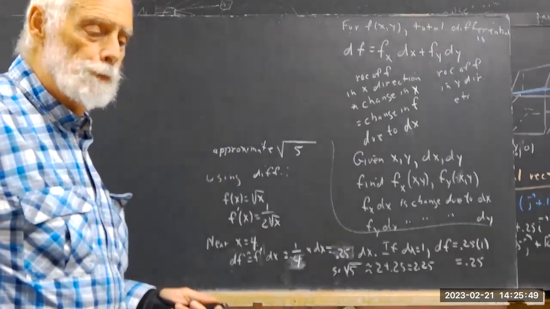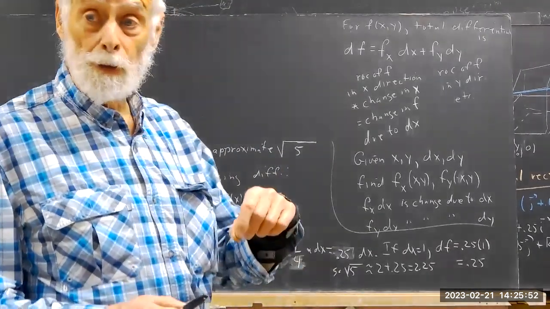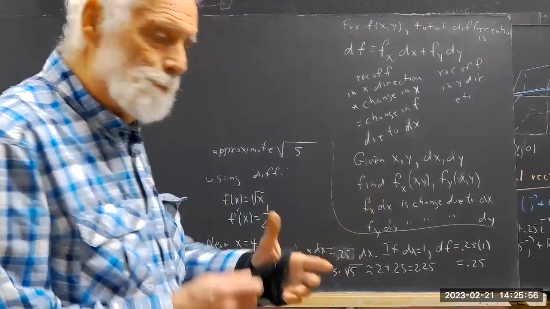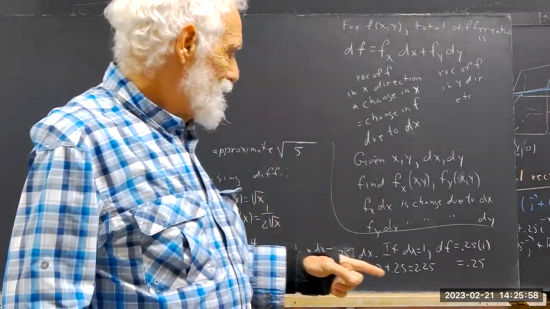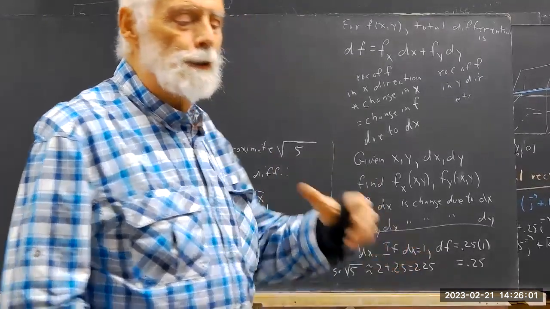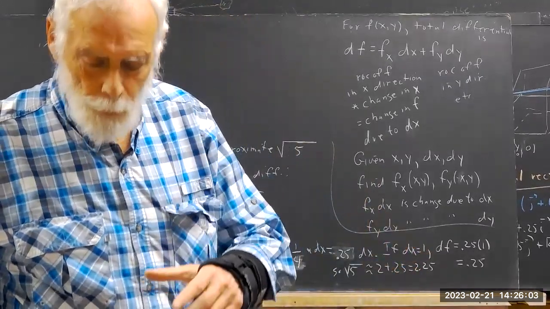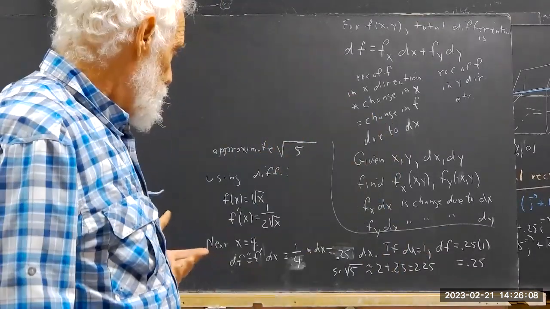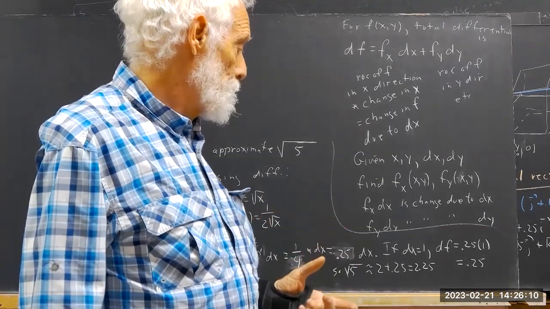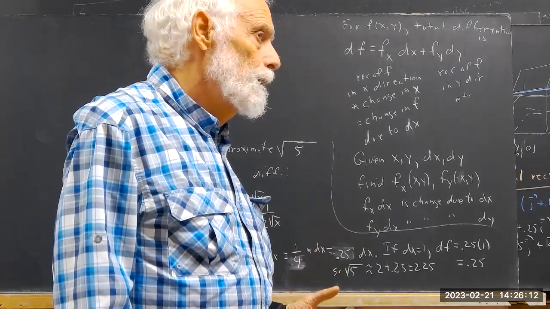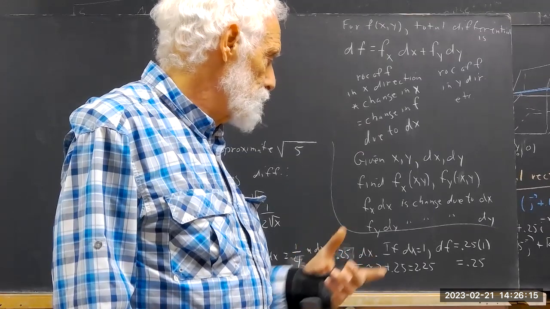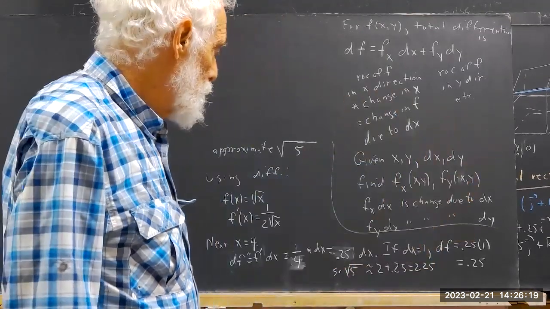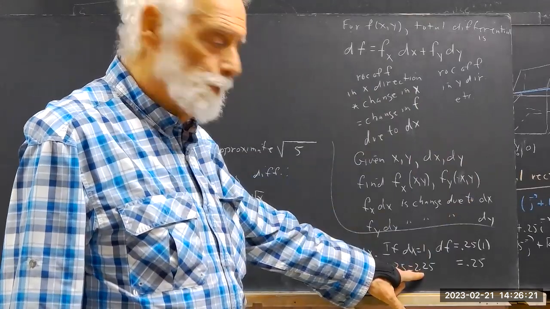Well, 2.2 squared is 4.84, 2.3 squared is 5.29. 5 is a little closer to 4.84 than it is to 5.29. Meaning that the square root is going to be a little closer to 2.2 than it is to 2.3. So 2.25 just kind of splits the difference.